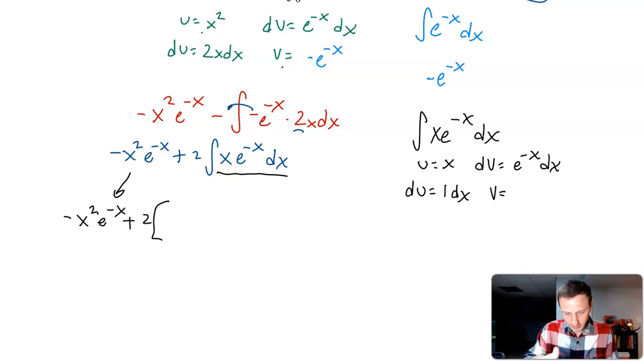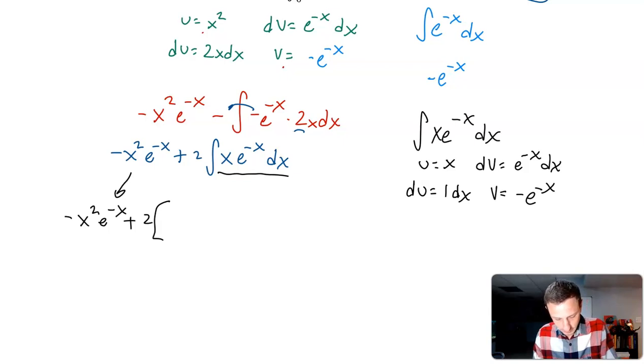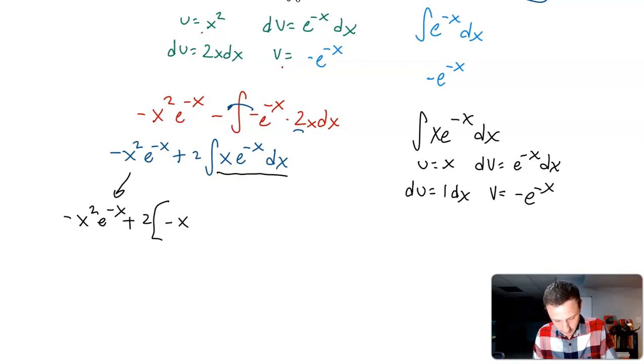I already talked about that back in our original problem. That's just going to be negative e to the negative x. So integration by parts, uv, we're going to have negative x e to the negative x minus the integral of v du.